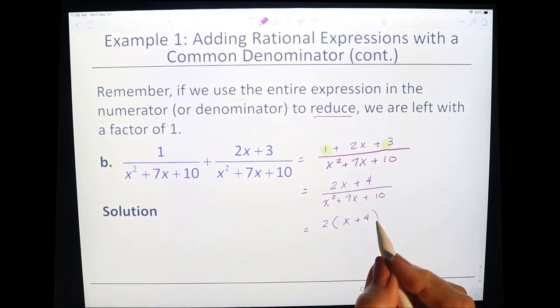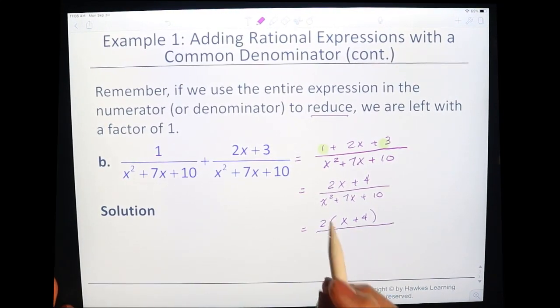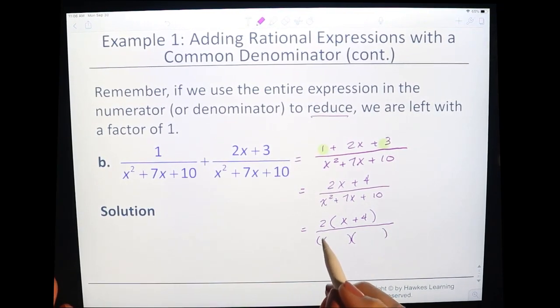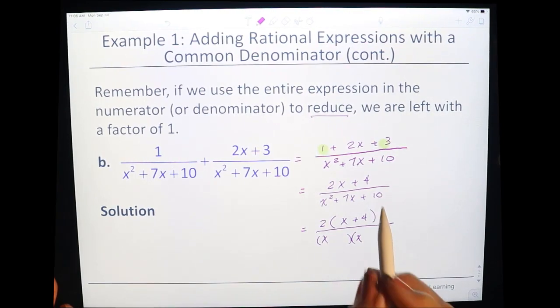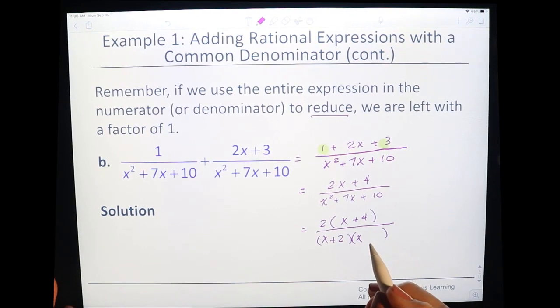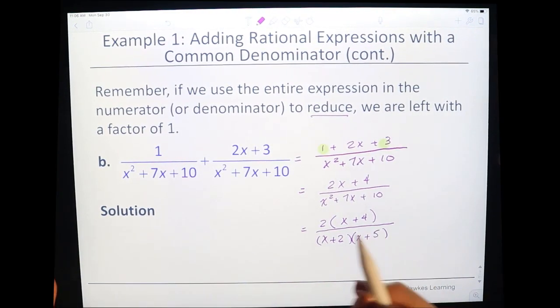And remember, the reason I'm factoring is that before I can simplify or cancel out, these have to be in factored form. They have to be things that are multiplied together. All right, so I'm looking for two numbers that multiply to give me positive 10 and add to give me positive 7. Whoops, I see a mistake I made back up here, so let me go fix that.